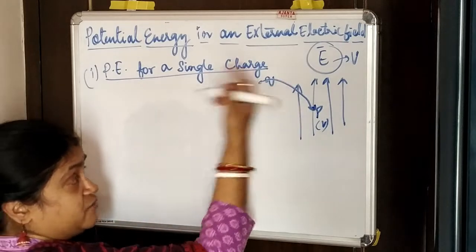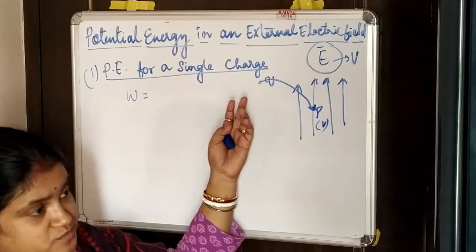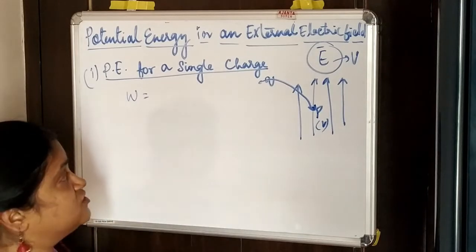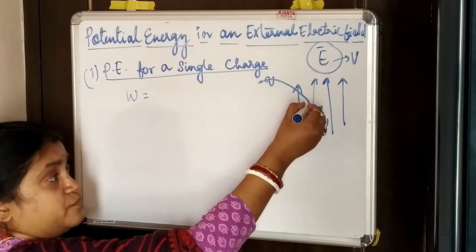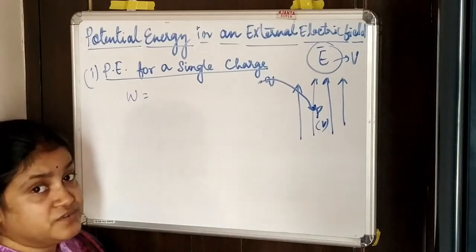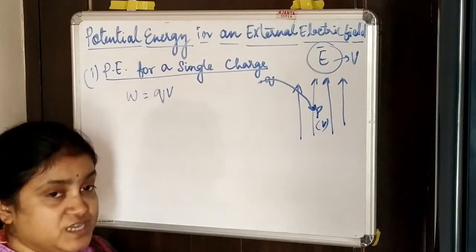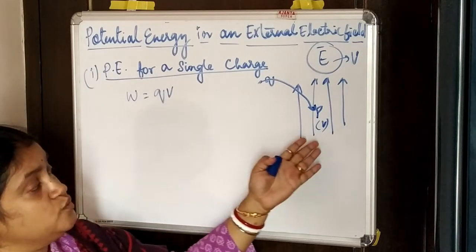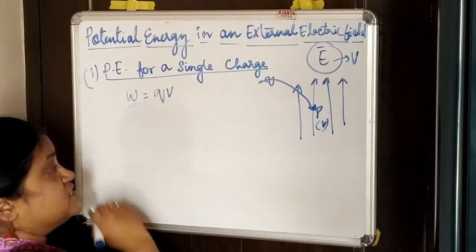This work done by the charge, or the system of charge, here we are talking about a single charge, to bring it from infinity to a particular point, we already know would be Q into V, that is Q into the potential of that point.